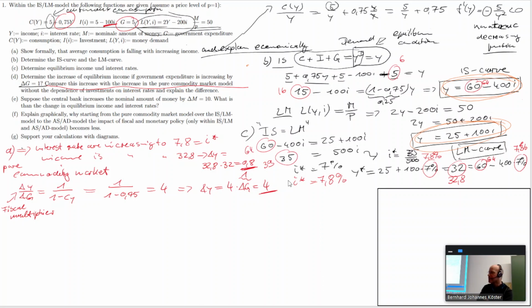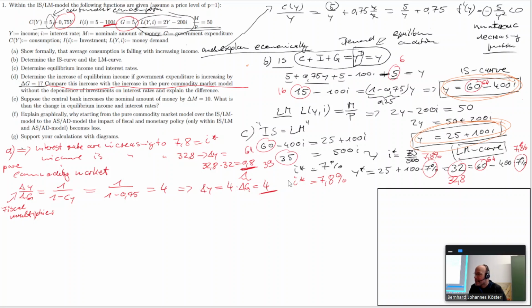So what happens in the ISLM model? Qualitatively, we increase government demand by delta G equals 1. This, of course, gives us a push on total income, but now we have the connection with the money market.